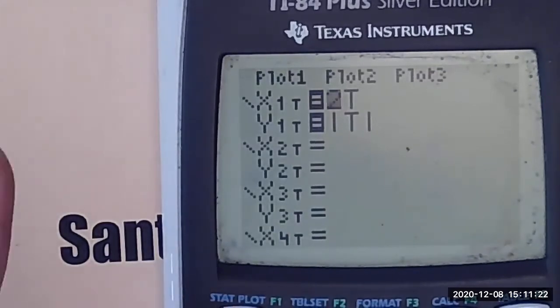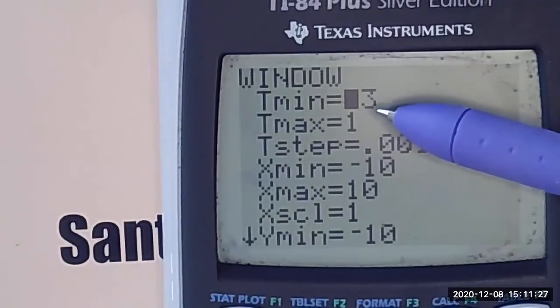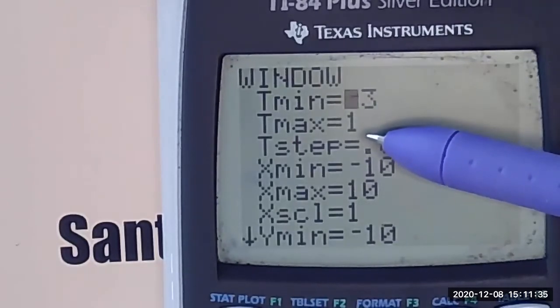So it's going to plot a bunch of points. If I go here to window, I can tell the calculator, hey, only start at -3 to plot points. Only start at -3. Don't go anything lower than that. And stop when you get to the number 1.